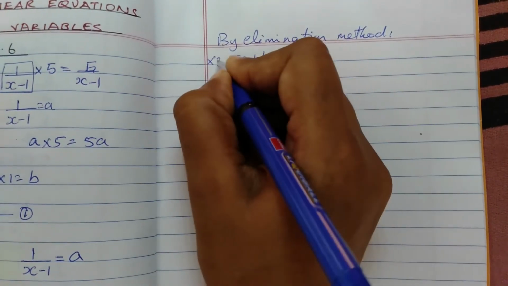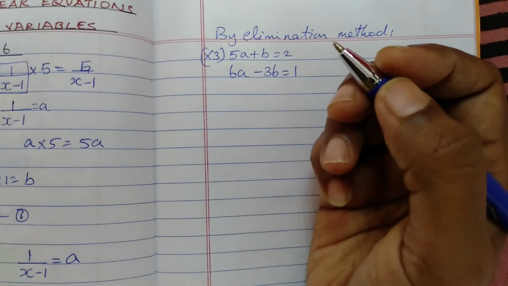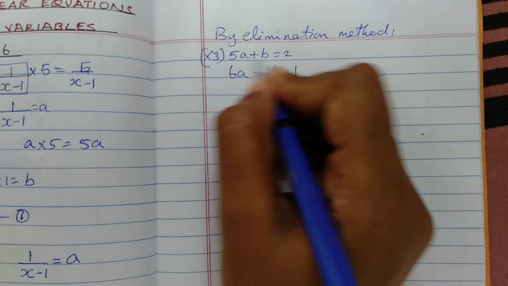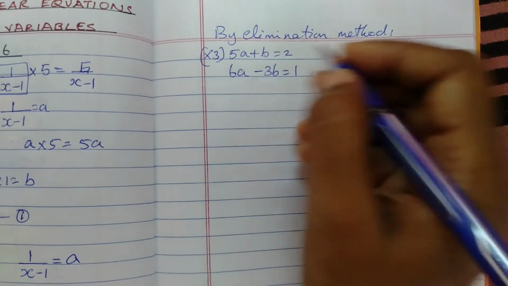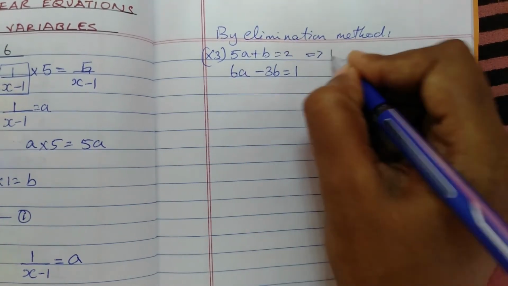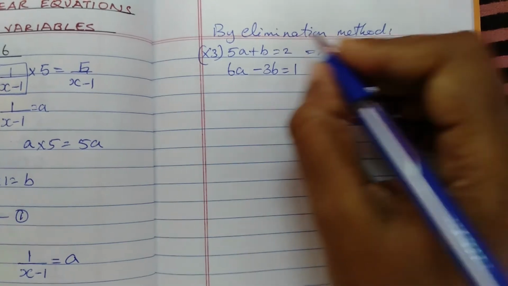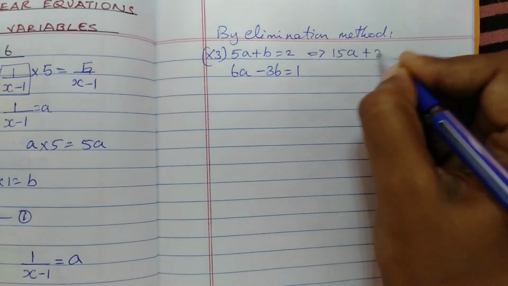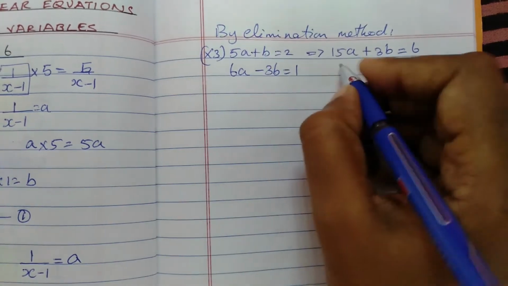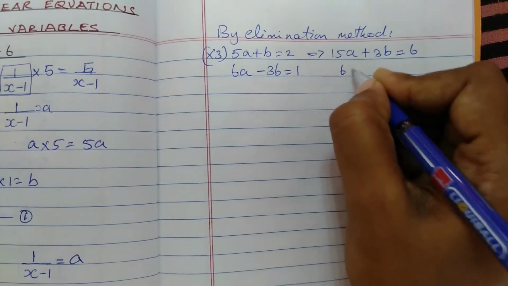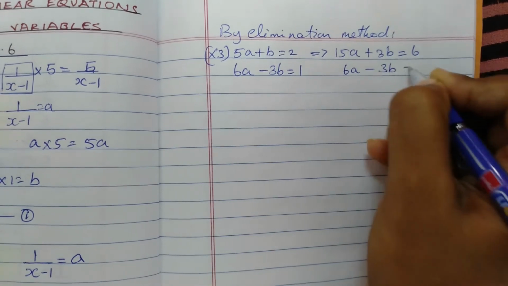So I can cancel it easily. So I will be multiplying this equation alone by 3. So now if I multiply 5a by 3, then I will get 15a plus 3 into b is 3b is equal to 3 2s are 6. And this equation remains the same. 6a minus 3b is equal to 1.